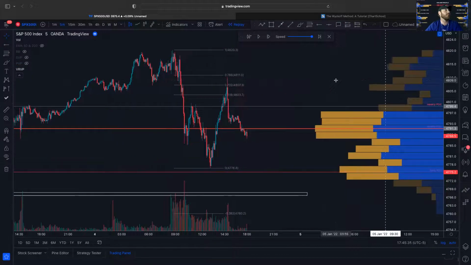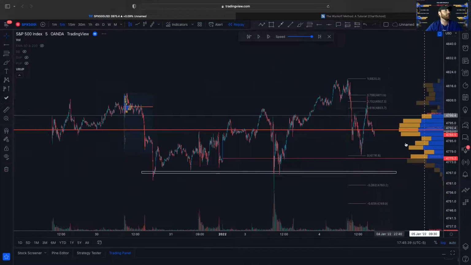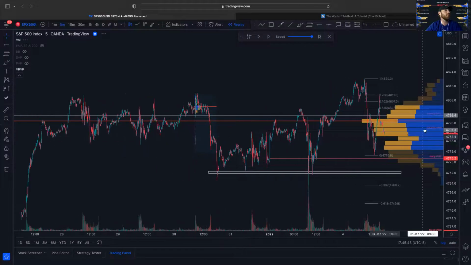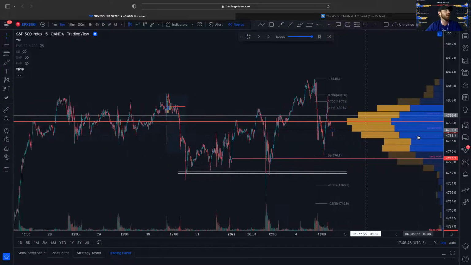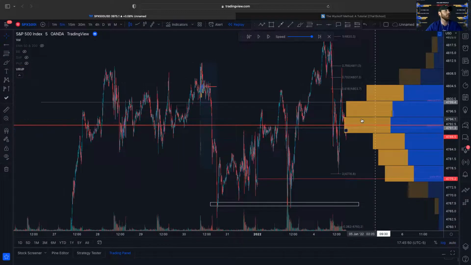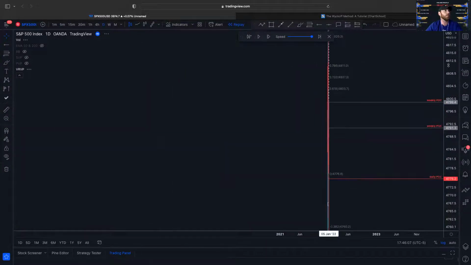So what I would say is, I'm not seeing any low volume nodes in an area to short from where we've got price, so we're just going to have to wait. If it comes up into here, it might be a short because there's not a lot of interest right there. And if it comes down into here, it might be a buy, but the higher time frames are probably saying something here that I'm not seeing.